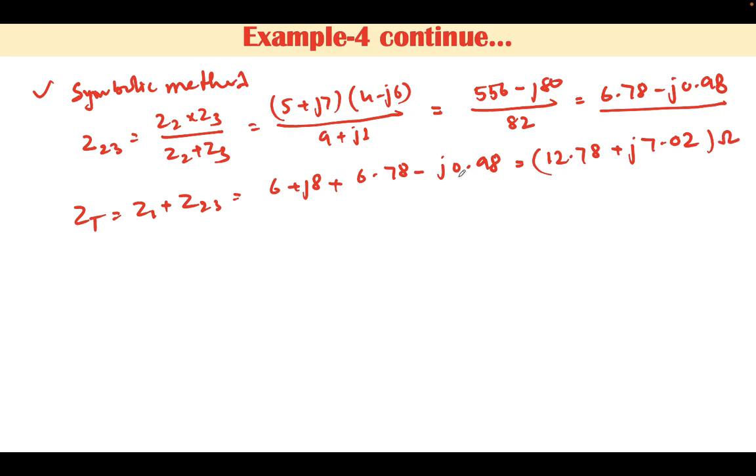Knowing the value of Z, we can convert this Z into the equivalent polar form. It will be 14.52 angle of 28.9 degree. Now the angle of impedance is 28.9 degree.